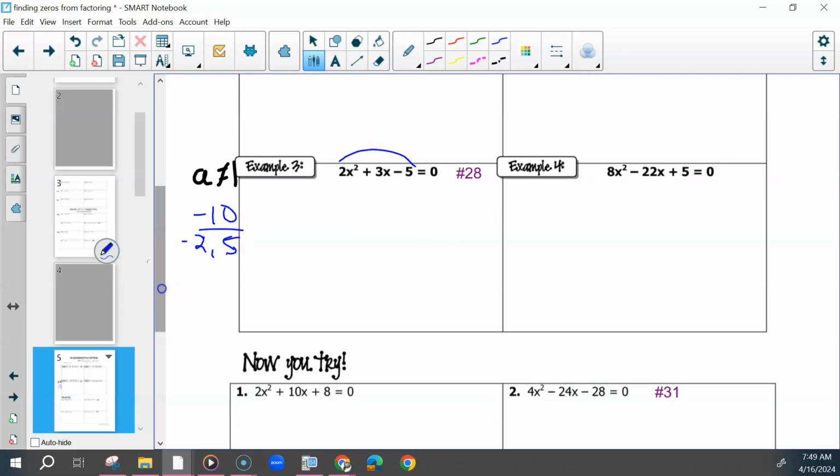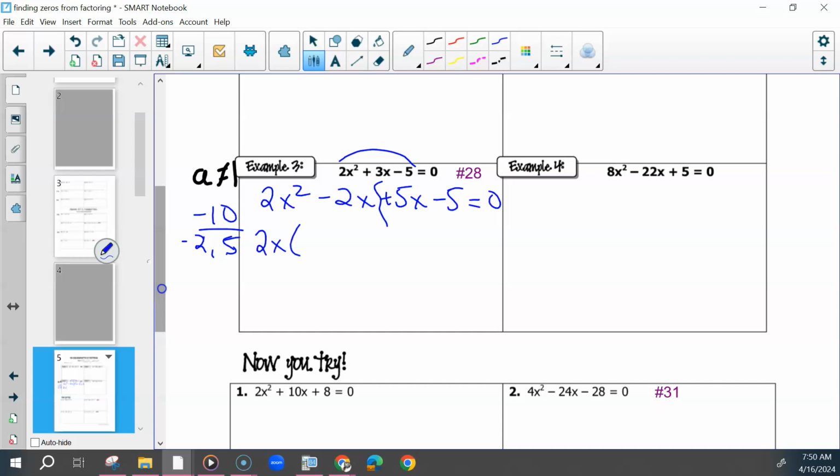And then rewrite this into 4 terms. It does not matter the placement, the order in which you put your negative 2 and 5. And then split that down the middle. Find the GCF of the first two, which would be what? 2x.